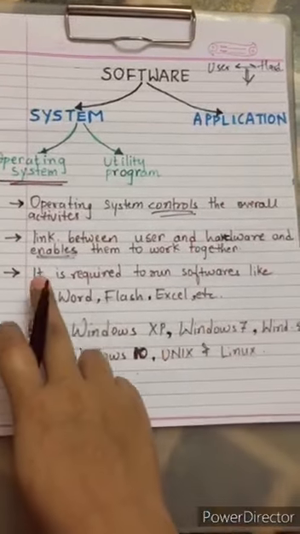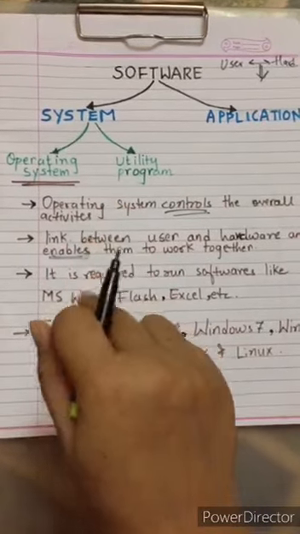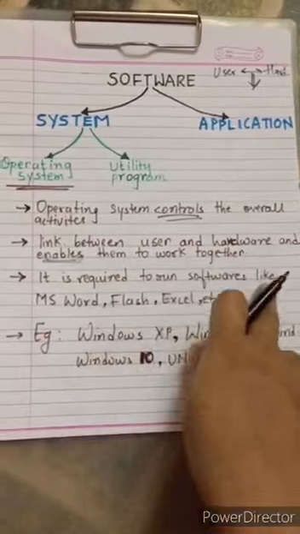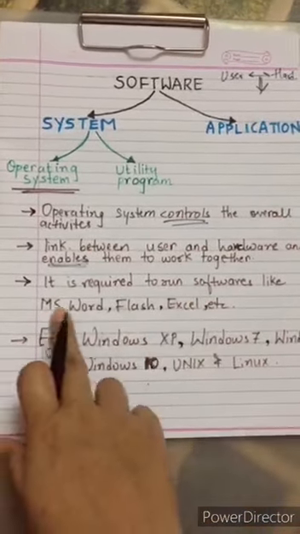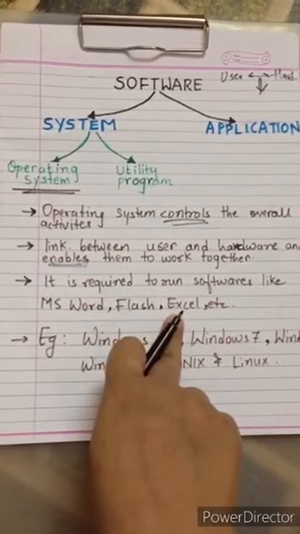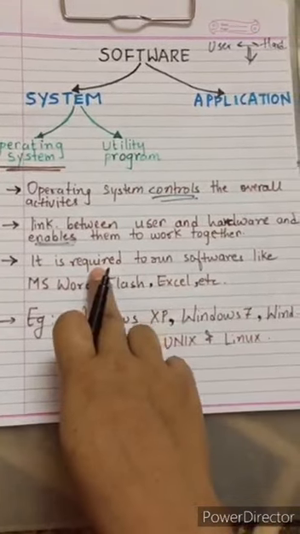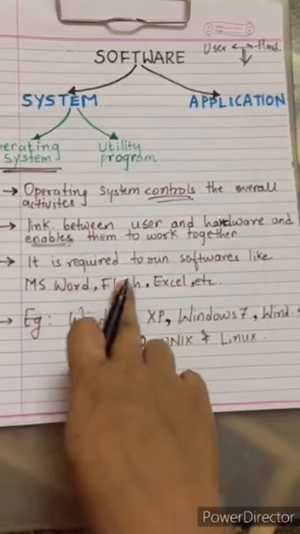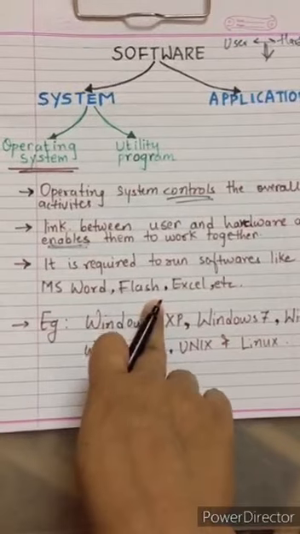So that is the system software type operating system. It is required to run software like MS Word, Flash, Excel, etc. These are some common examples of software which use the operating system to run. Everyone might have used MS Word, Flash and Excel.